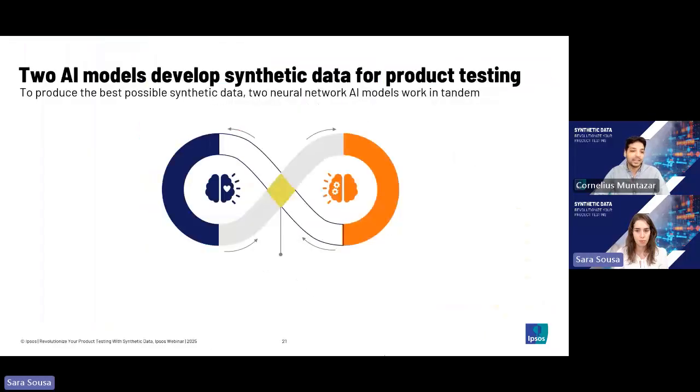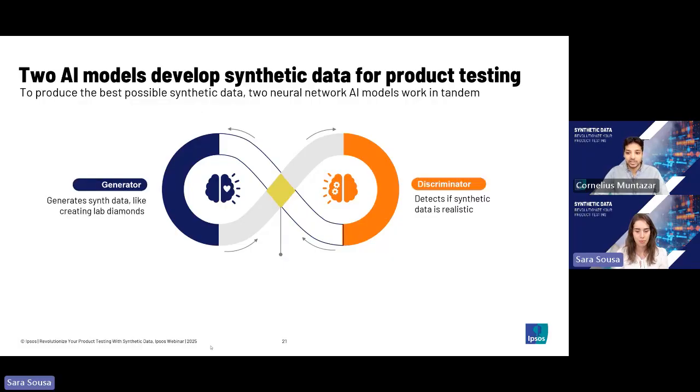And so let's get a little bit nerdy for a second. I'm going to talk a little bit about what's actually happening in the machine room now. Our process leverages two AI models. First is the generator, and second is the discriminator.